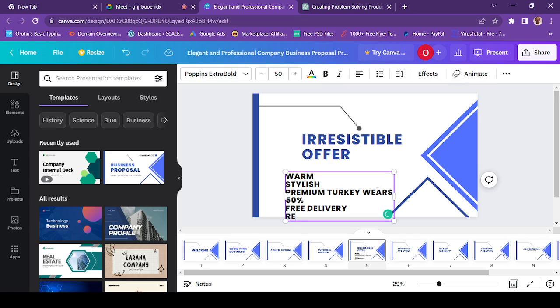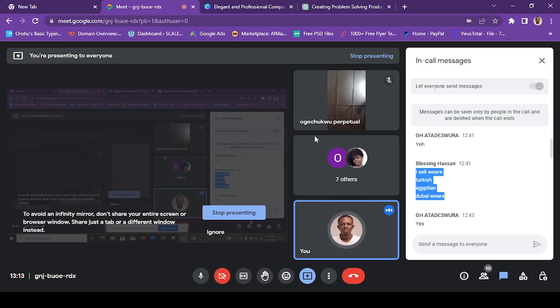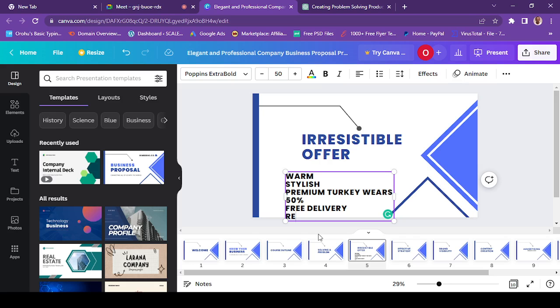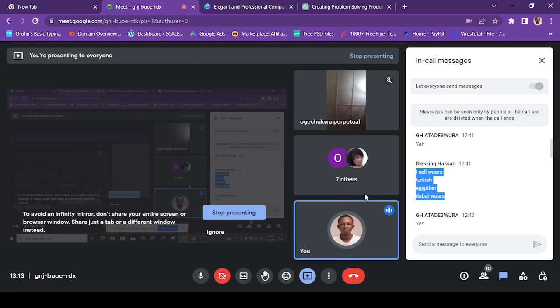Return policy. How do you guys call it? I am trying to recall it, I can't. Is it refund policy or whatever? Someone should help me, please.